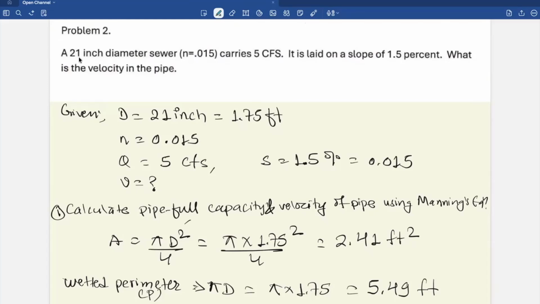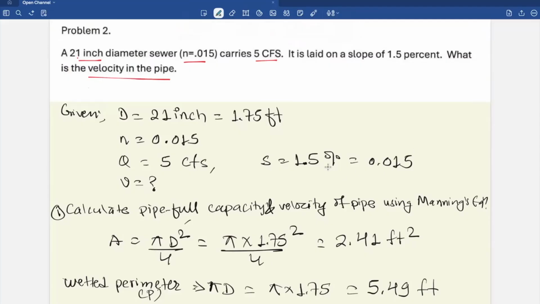A 21-inch diameter sewer, we need to convert this into feet or meters, and this n is also given, and it carries 5 cubic feet per second, and it is laid on a slope of 1.5%. What is the velocity in the pipe?